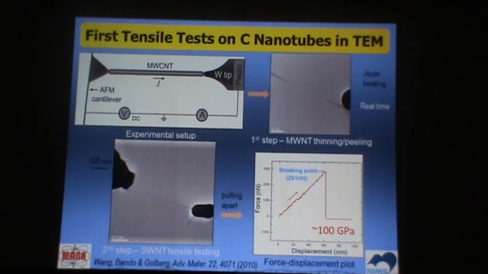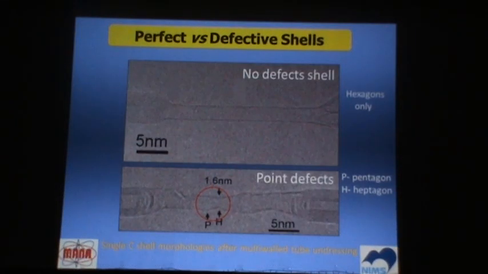And once we are ready, we can make this mechanical test on an individual single-shelled carbon nanotube, and we get a force-displacement curve, which can be recalculated into strength, stress, load.